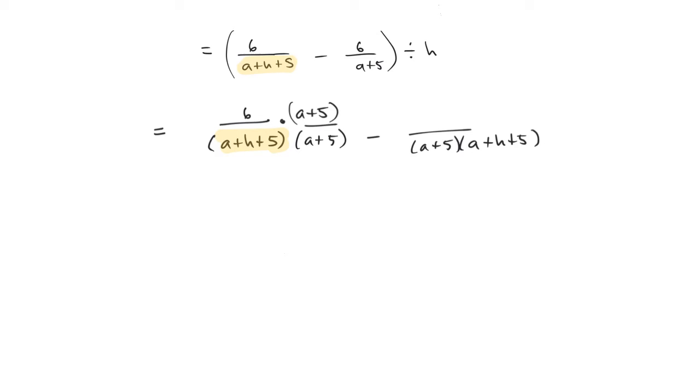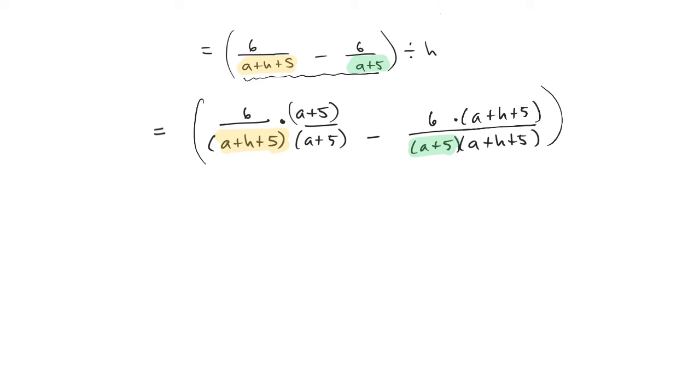Now for the second one, we already had the a plus 5, but it needed, so that was 6, but it needed the a plus h plus 5. So I just give myself that in the denominator, and what I do to the denominator, I have to do to the numerator. So that was this whole inner parentheses.